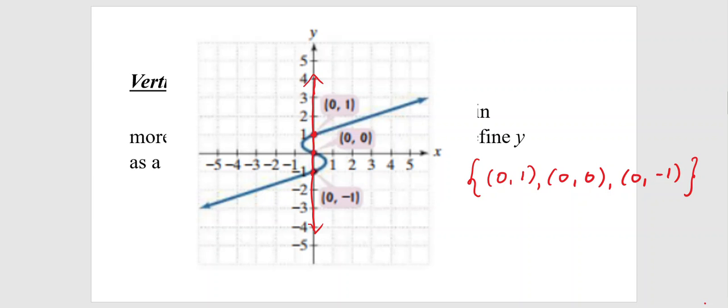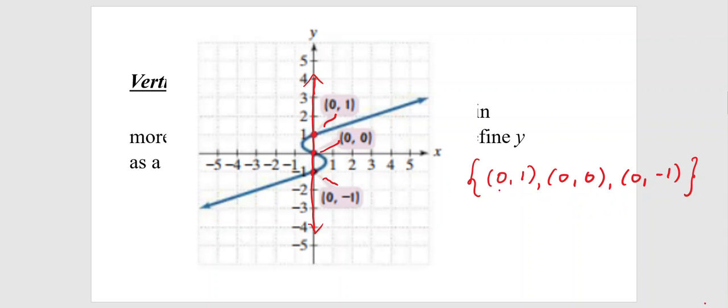Why? Because in this example, we see that the vertical line hits the graph at (0, 1), (0, 0), and (0, -1). And if we write that in the raster form, it's going to be like this.